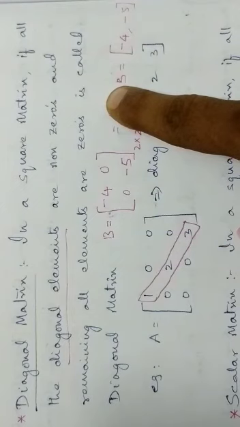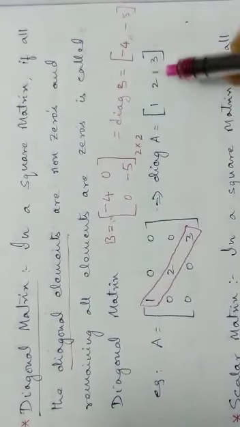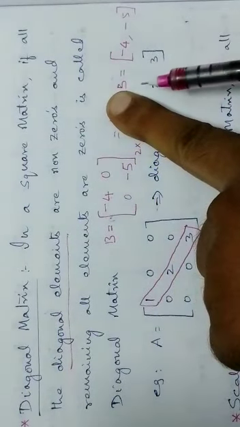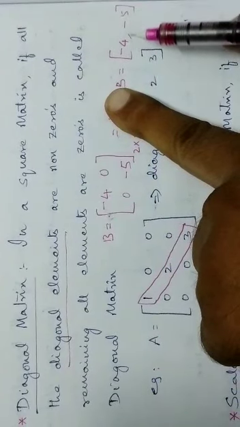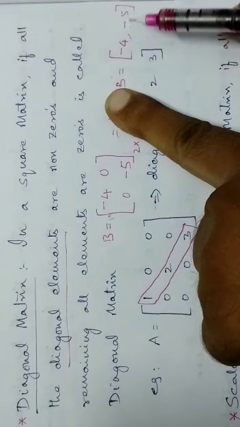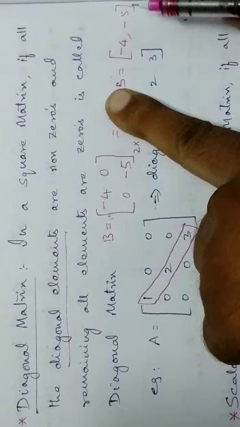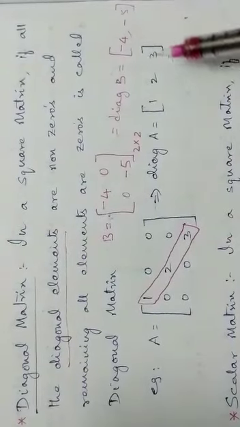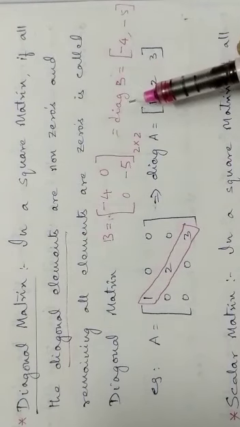If you didn't write DIAG here, you may feel that B equal to -4, -5. It is like a row matrix. So to avoid the confusion, you have to write DIAG, which means diagonal matrix B.